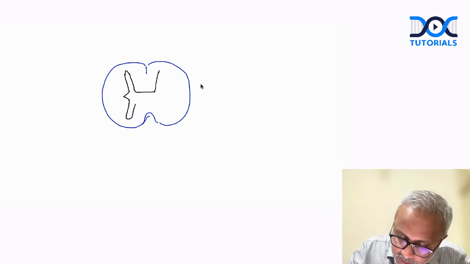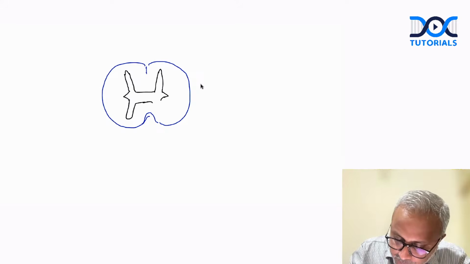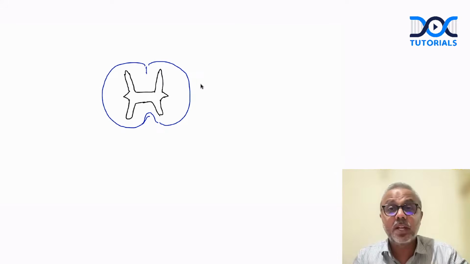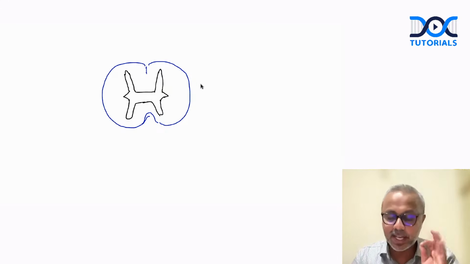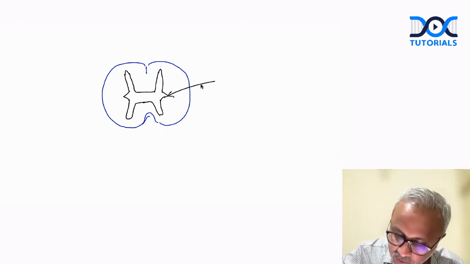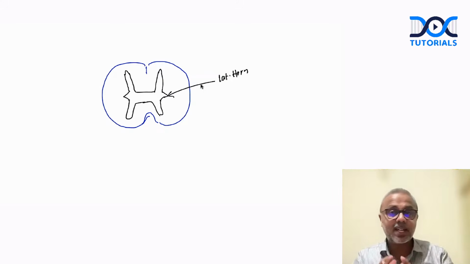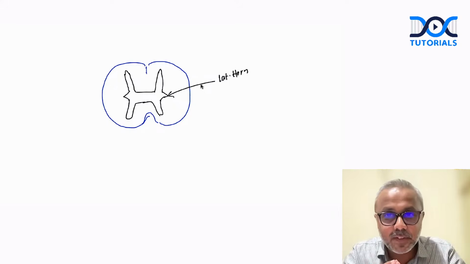So let's imagine this is the posterior horn, this is the lateral horn, gray commissure, and this is the anterior horn. The most conspicuous feature the examiner will always look for is the presence of lateral horns, right? Because lateral horns are present from the T1 to L2 level, the thoracolumbar level, and lower down in the sacral region. This gives rise to the autonomic neurons, right?